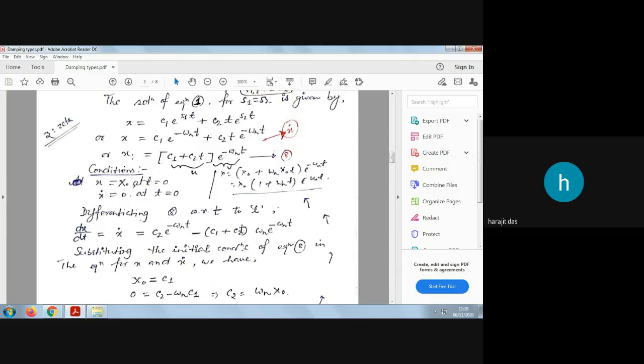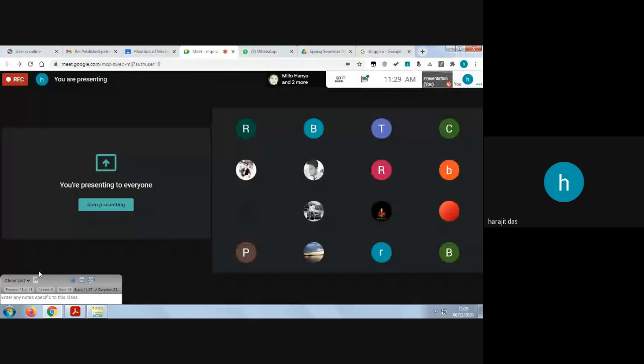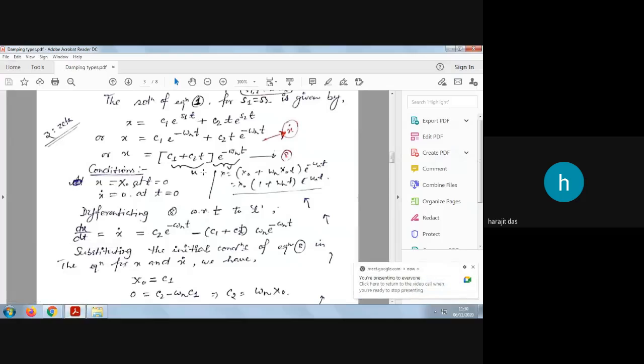By differentiating this displacement with respect to t. If you differentiate, you will get this one. So this is u into v.